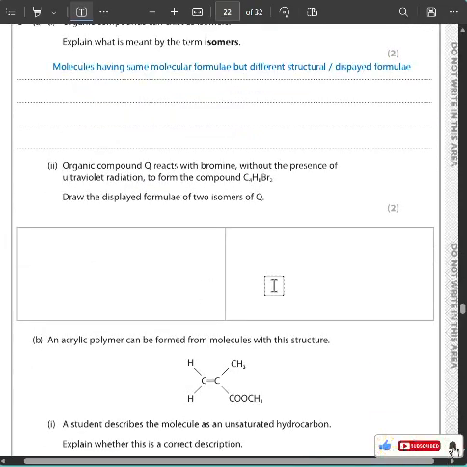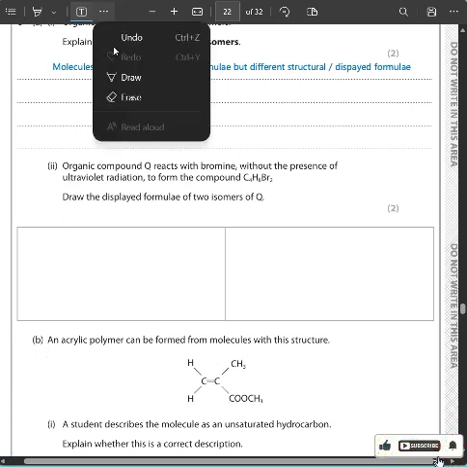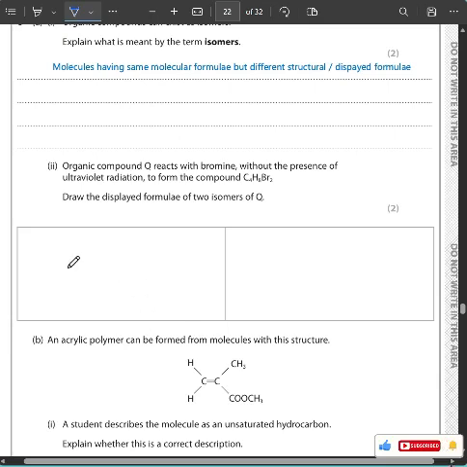A compound Q reacts with bromine in the presence of ultraviolet radiation to form the compound C4H8Br2. Draw the display formula of an isomer of Q. Okay, we'll draw them.